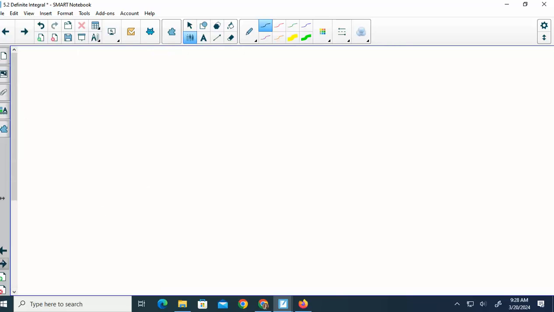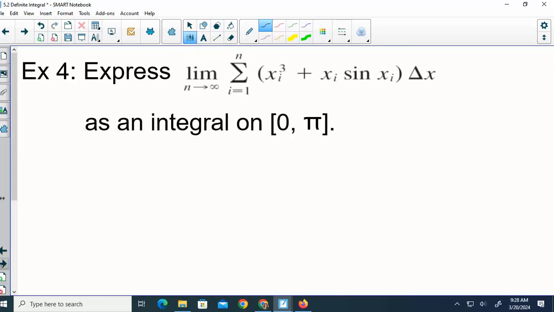Last example of the day. Can you write this as an interval for me? So you're not evaluating anything, just writing an interval.